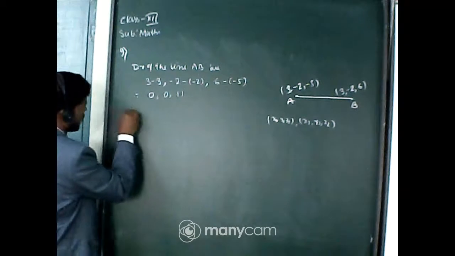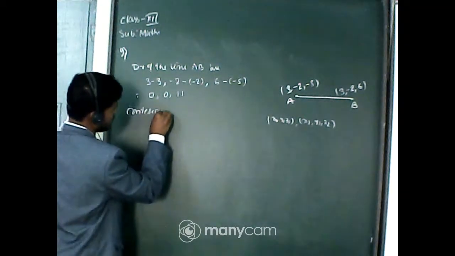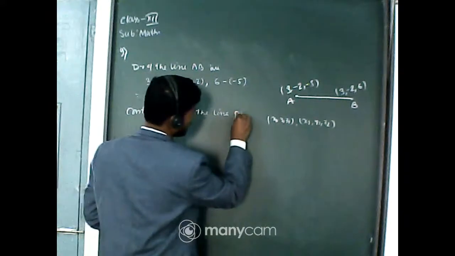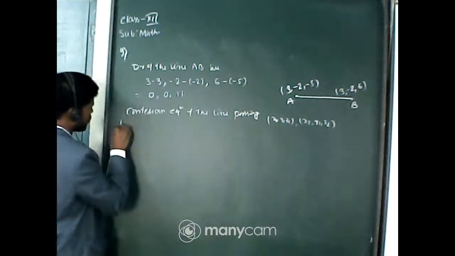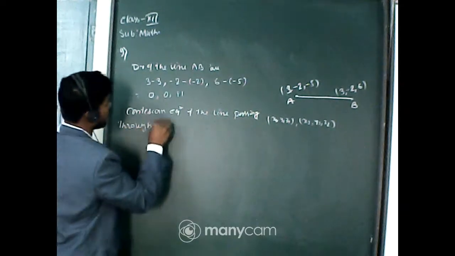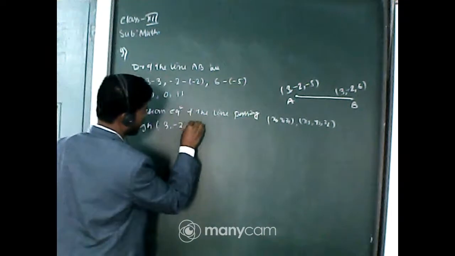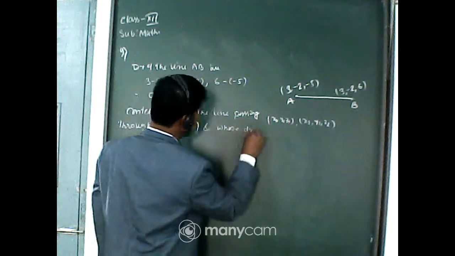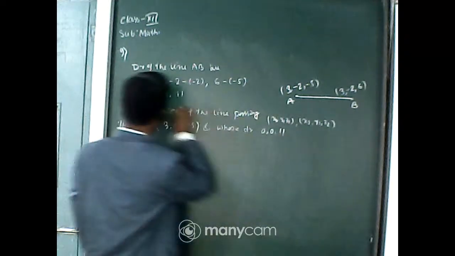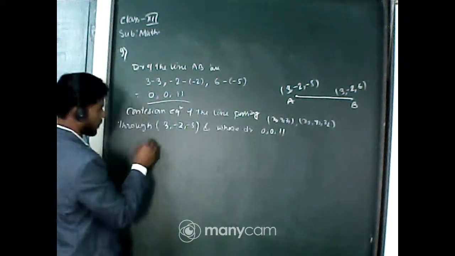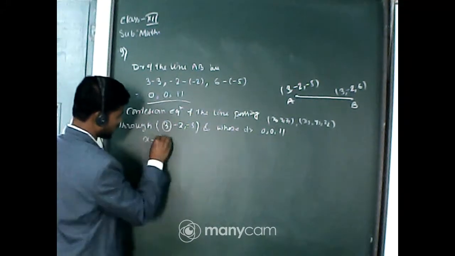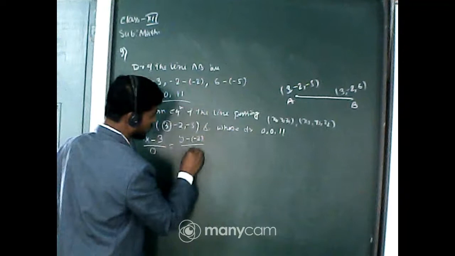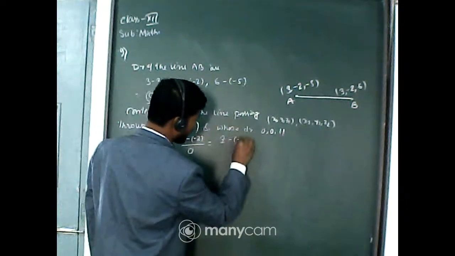Okay, so the Cartesian equation of the line passing through the point 3 comma minus 2 comma minus 5 and whose direction ratios are 0 comma 0 comma 11 is x minus x1, that is x minus 3, divided by the corresponding direction ratio, equal to y minus y1 divided by 0, equal to z minus z1 divided by 11.